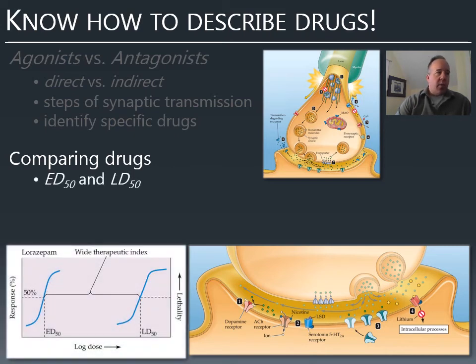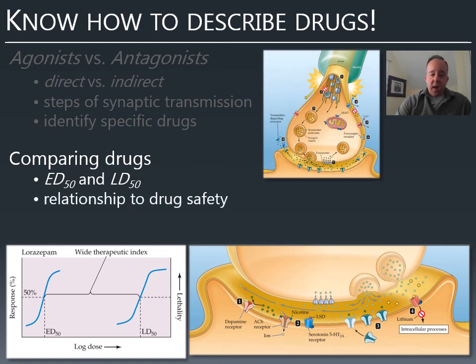So one way that we can distinguish between different kinds of drugs is using that ED50 and that LD50 metric, the effective dose and the lethal dose. So know what those terms mean. I mean, know what they mean literally in terms of what those acronyms stand for, but also what it means in terms of drug safety, drug effectiveness.